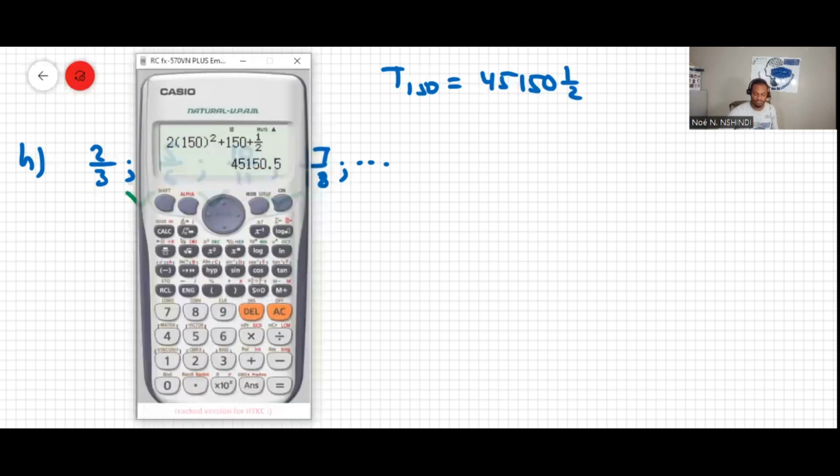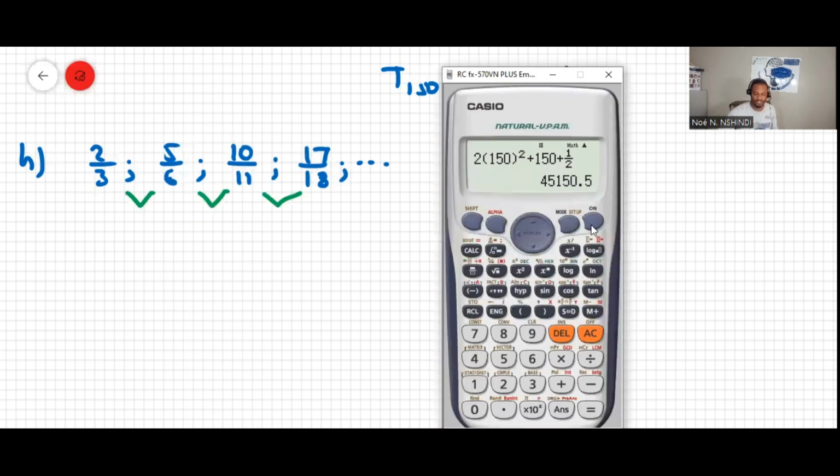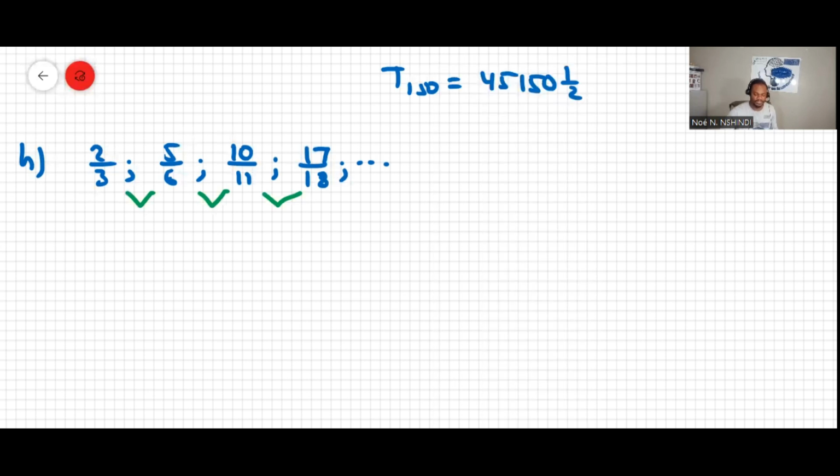We can do 5/6 minus 2/3, and this is equal to 1/6.